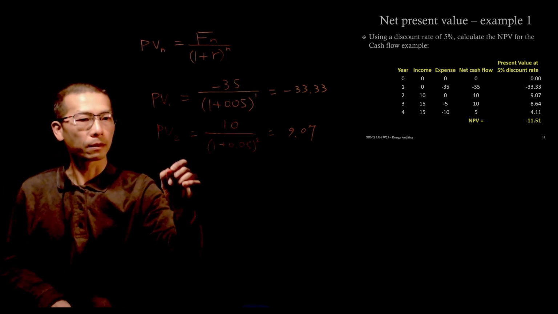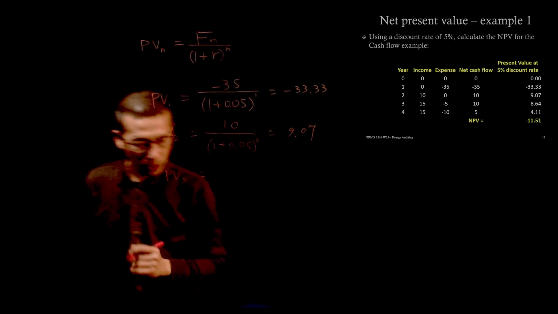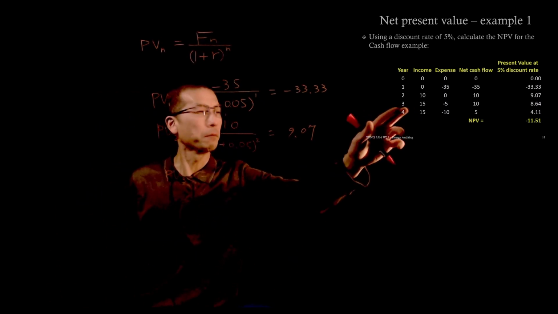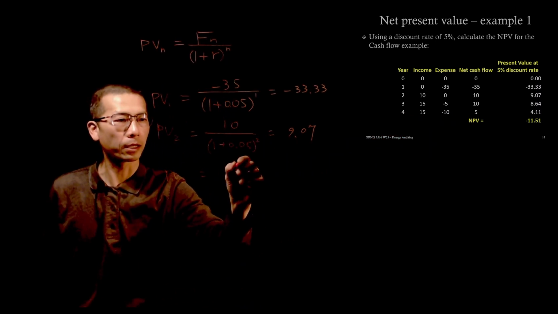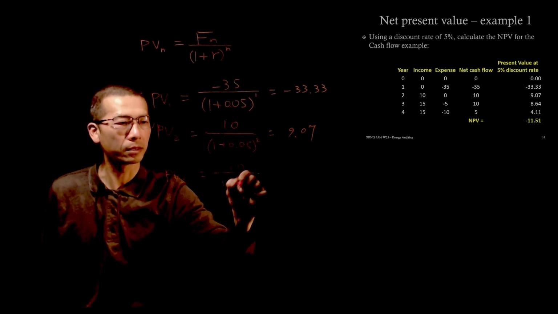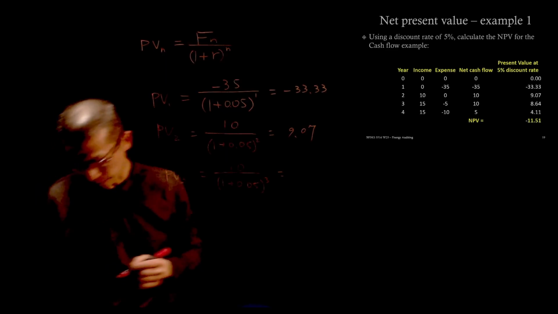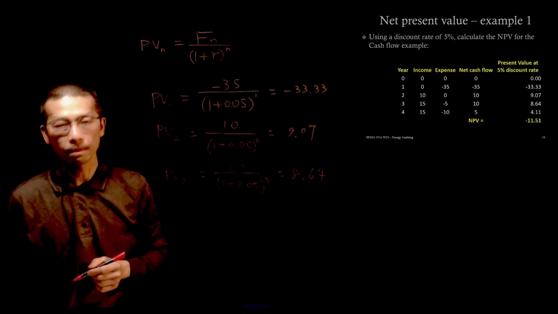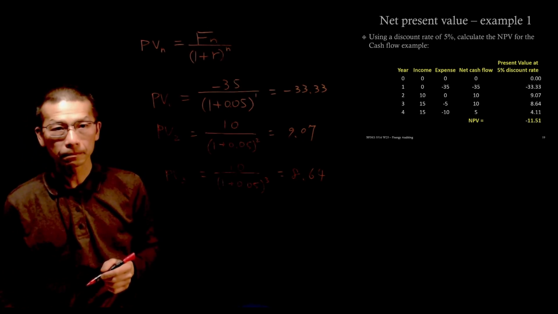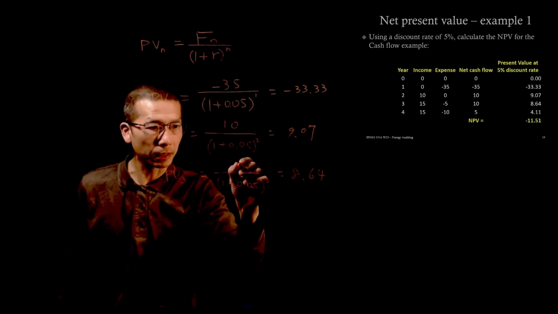And PV3 is also 10, because 15 minus 5, the net cash flow is positive 10. So I will write 10 divided by (1 plus 0.05) to the power of 3. The answer I have is 8.64. Okay, this is 10.